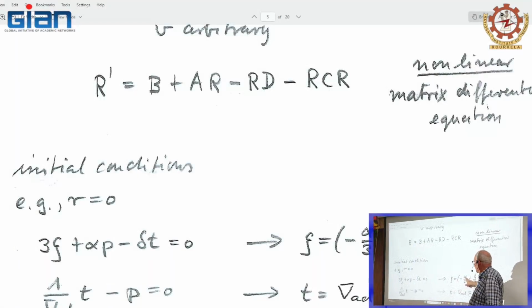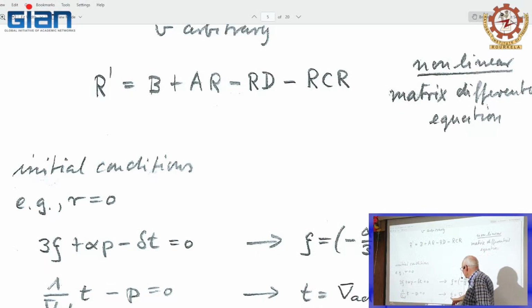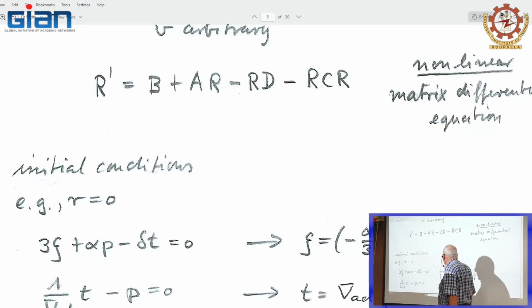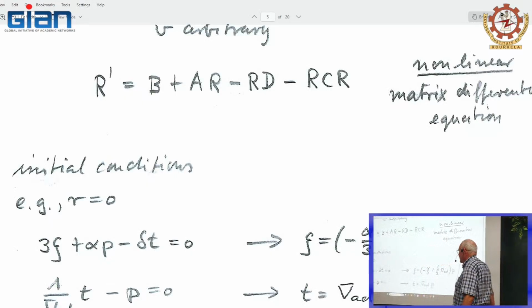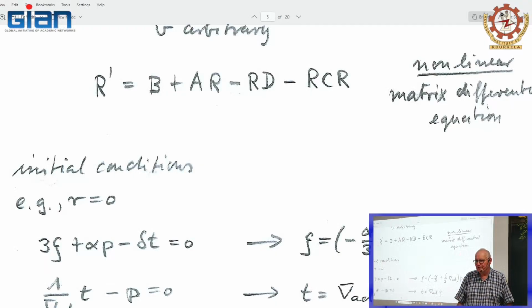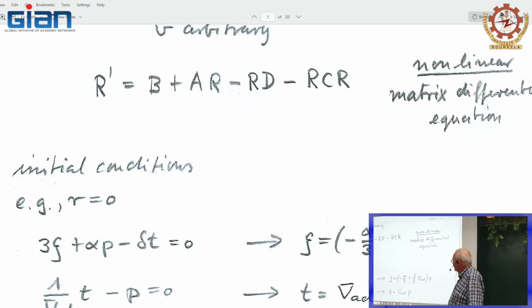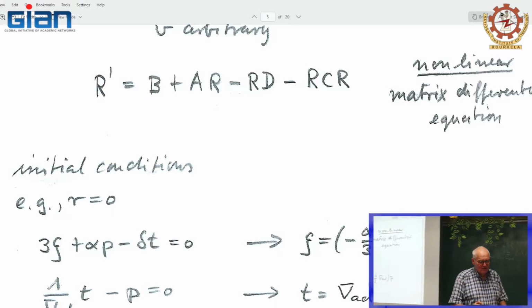We can solve it for zeta. So zeta is minus alpha over 3 plus delta over 3 nabla adiabatic. Let's start here. T is P times nabla adiabatic is one case. We can solve also for T by nabla adiabatic times P. Then we are left with zeta is minus alpha over 3 plus delta over 3 times nabla adiabatic times P. Now go back to our vectors u and v.